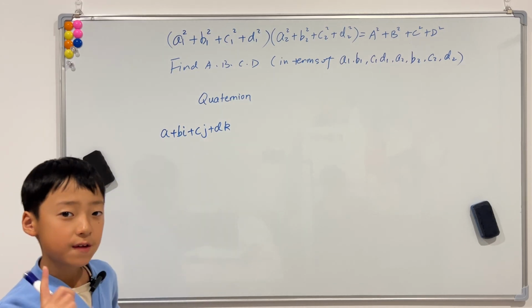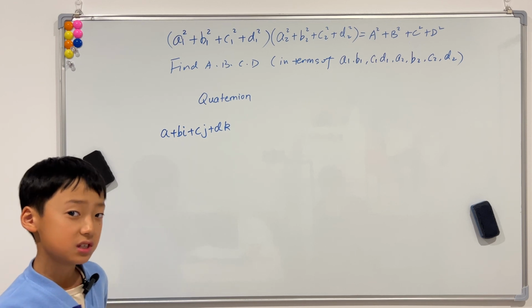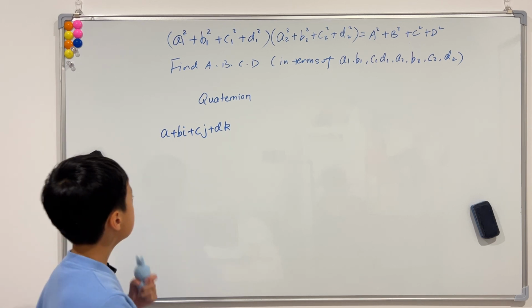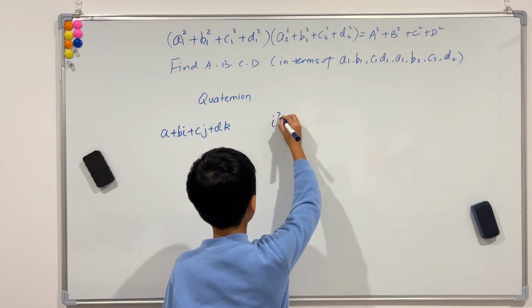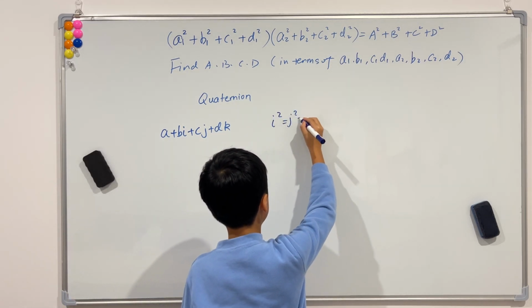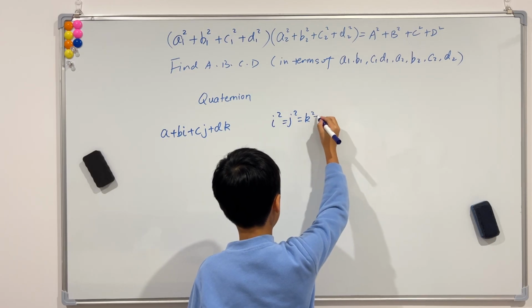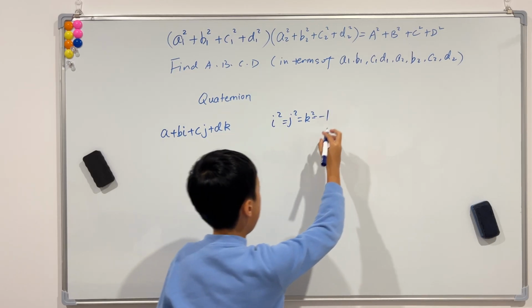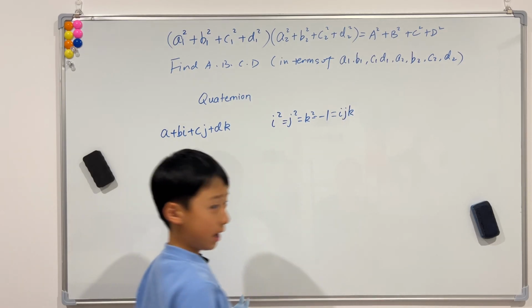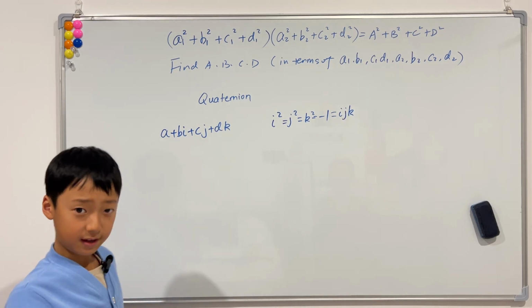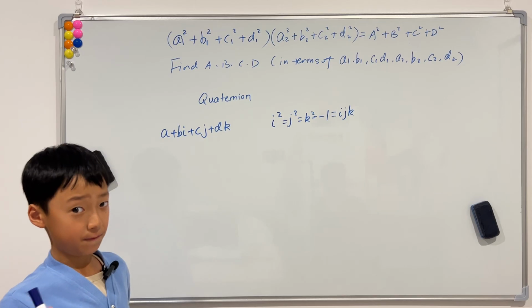I first have to go over some identities of a quaternion. Just like complex numbers, we have i squared equals j squared equals k squared equals -1, and this is also equal to ijk. Another thing, this is where stuff gets kind of confusing.